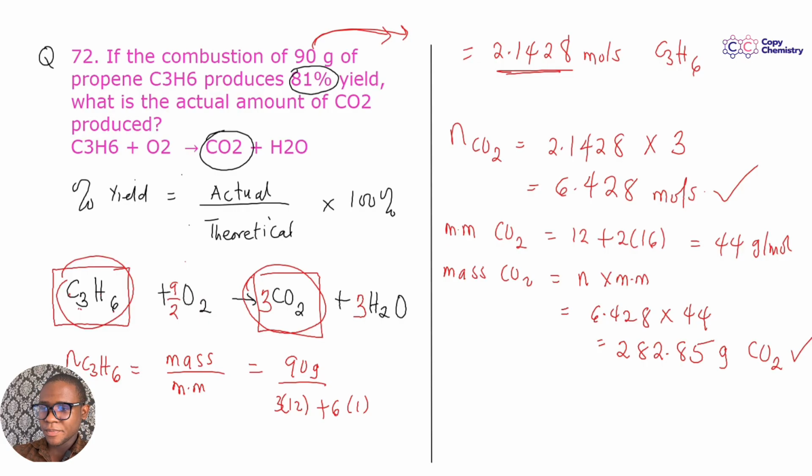Does that make sense? So if that's the theoretical yield and we know the percent yield, it means that we're almost done with this question, right? So let's just plug that in.